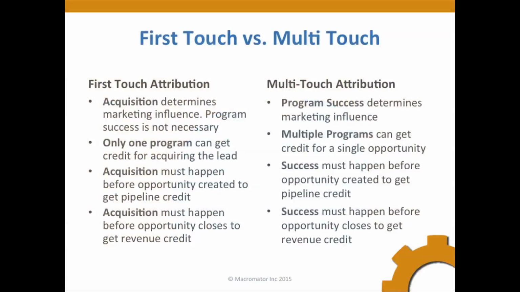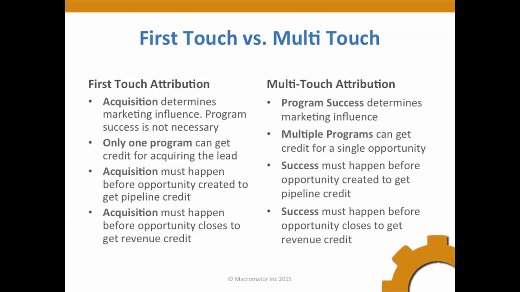So there's the concepts of first touch attribution and multi-touch attribution. Basically, the first touch attribution takes into account the original program where a lead comes in as a source. That's the acquisition program. So that program and the cost associated with that program is responsible for all the revenue that then is generated by that lead.